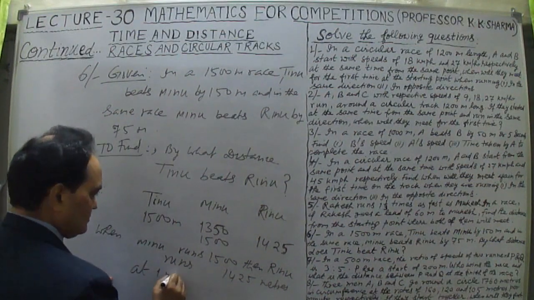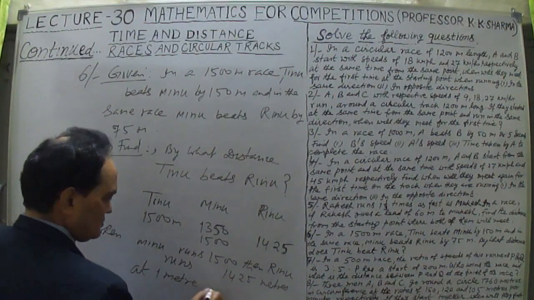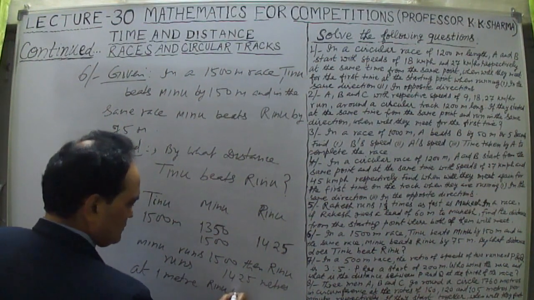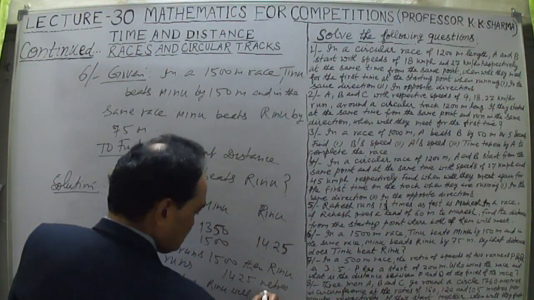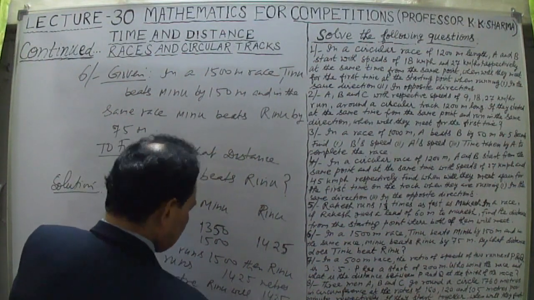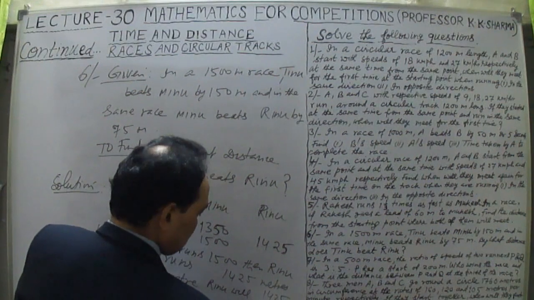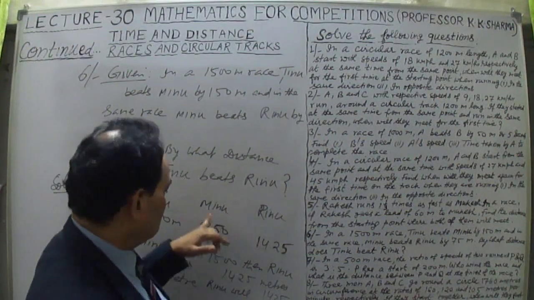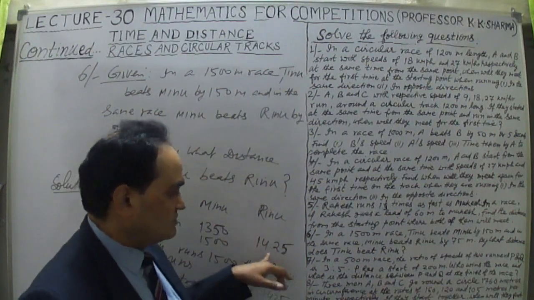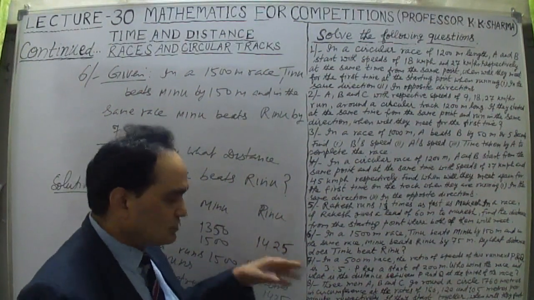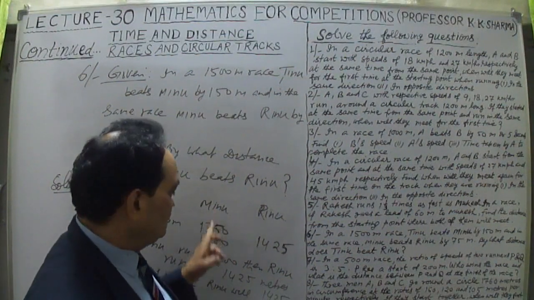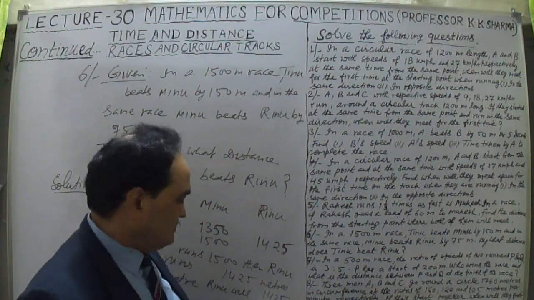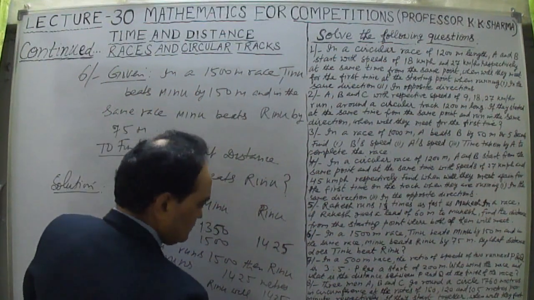And when Minu runs 1 meter, Renu will run 1425 upon 1500. Try to understand this point. This is a very important point.